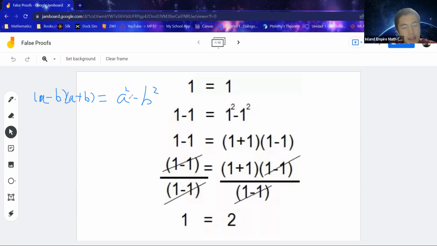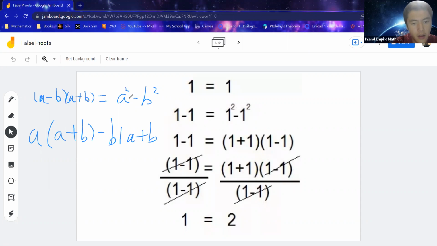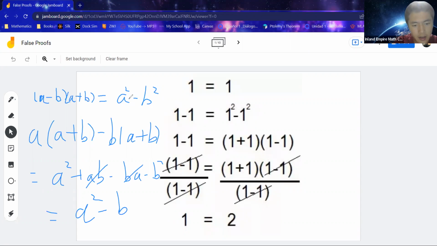And one way to see this is basically to just straightforwardly apply the distributive property. So for example, you would write a times a plus b minus b times a plus b. And then if you expand this, you would get a squared plus ab minus ba minus b squared. Therefore, the ab's cancel and you end up with a squared minus b squared.